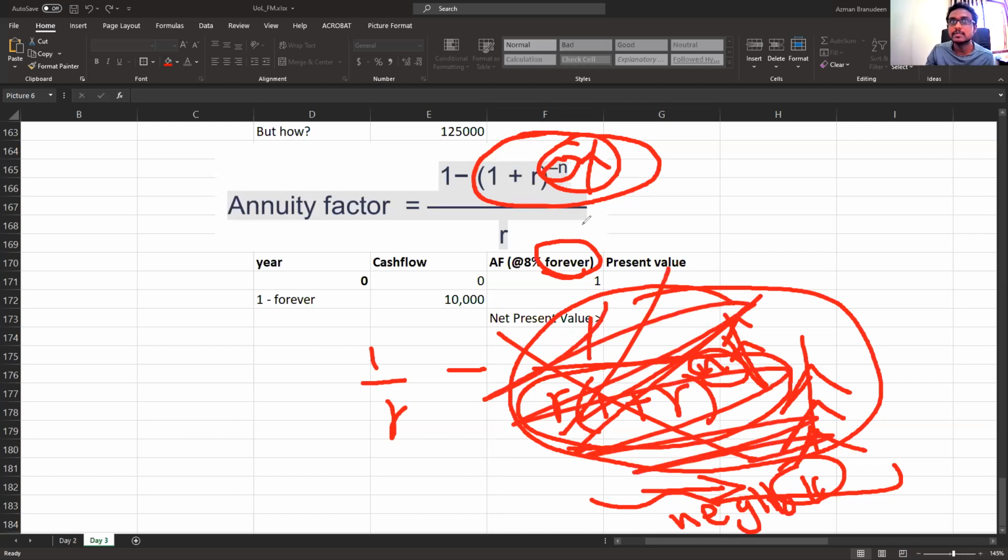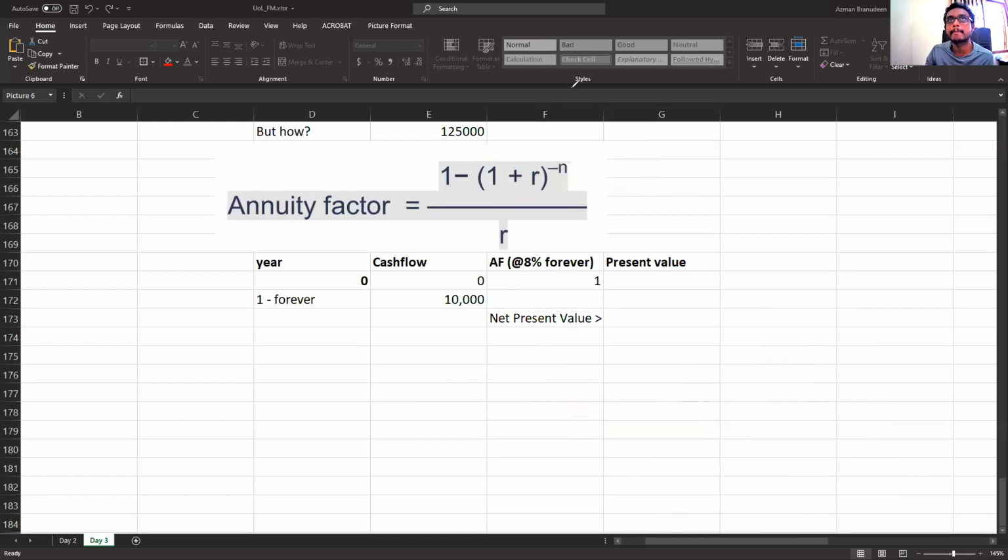And so the annuity factor for 8% forever is simply 1 divided by r. That's the formula.